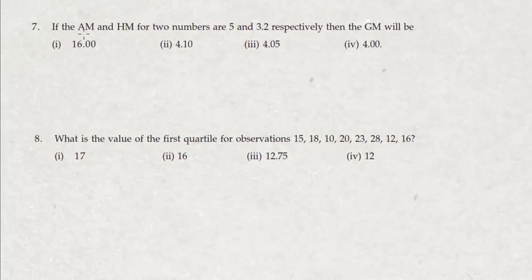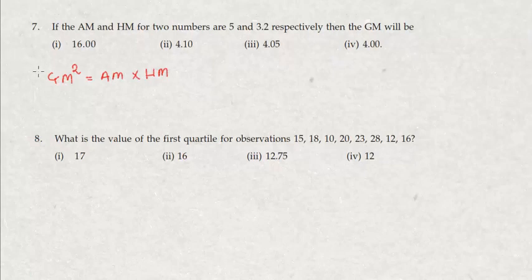If the arithmetic mean and harmonic mean for two numbers are 5 and 3.2 respectively, then the geometric mean will be? We can use a very simple property that geometric mean square is equal to arithmetic mean into harmonic mean.